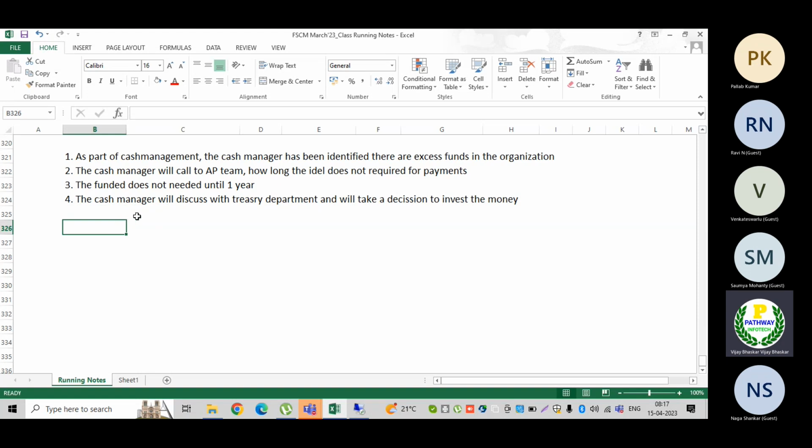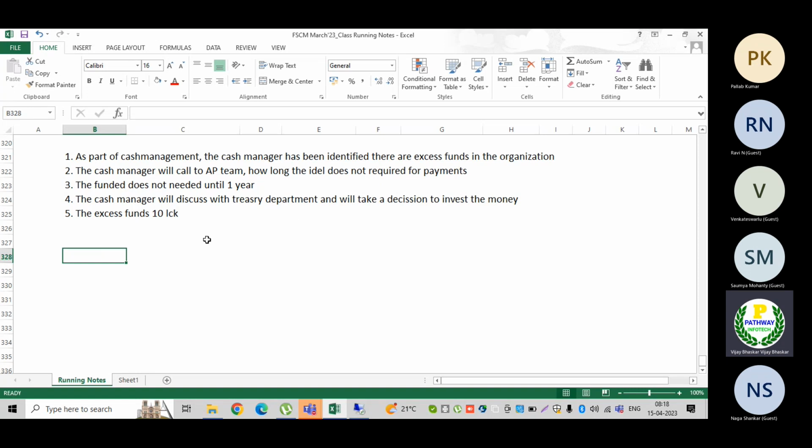Let us assume they have excess funds of 10 lakh, just for our understanding. At this point, the treasury department or management will think about their investments.